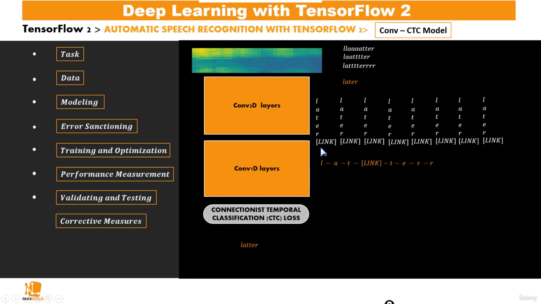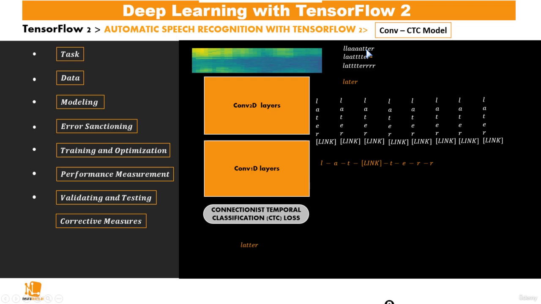And this for this example gives us this. Now we see that thanks to the blank token, what we have here is L, A, T, and since this blank token is found here, we don't have to join this double T as we were doing previously.